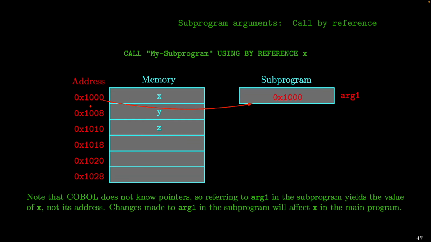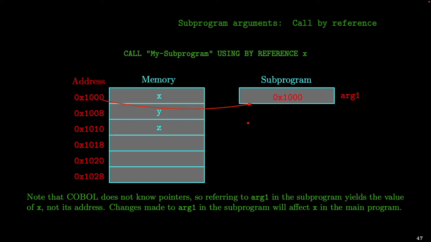Now it's important to understand that COBOL does not know pointers. So even though we give the address of the variable x to the subprogram, if we refer to argument 1, then COBOL will automatically dereference it, and we will get the value of x of the variable, so the value that's in this location of memory. We have no access to the memory address directly.